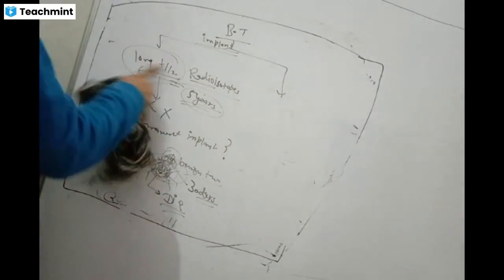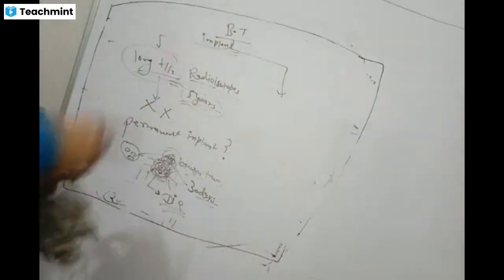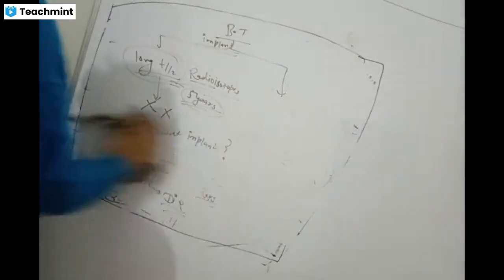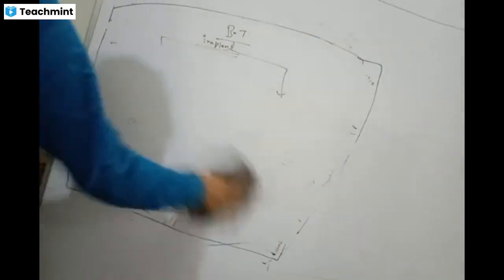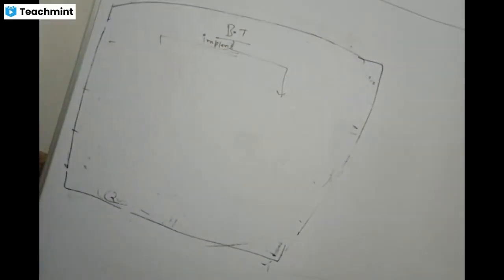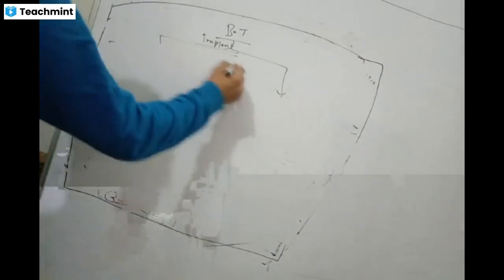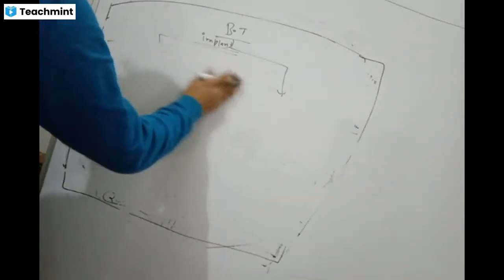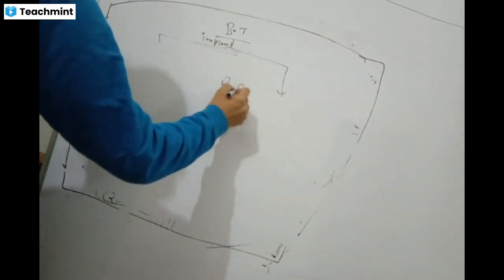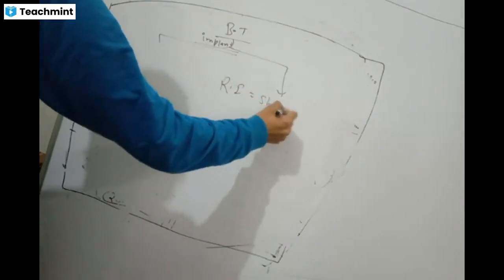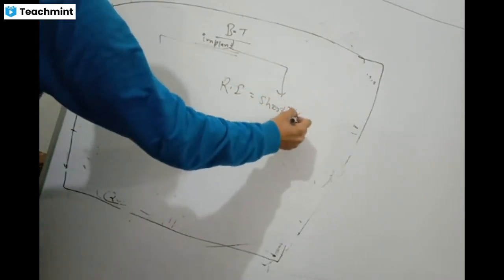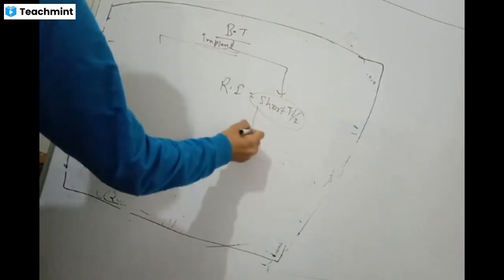So we cannot use a long half-life radioisotope as a permanent implant. It is used only as a temporary one. The second implant is a radioisotope with a short half-life.